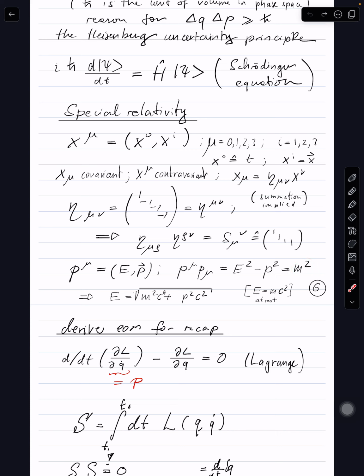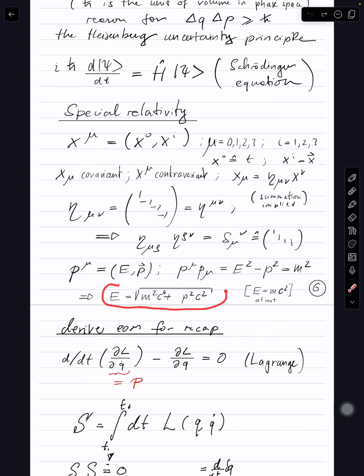We get E squared from the first component, then the negative sign from the metric, and we get p squared. So E squared minus p squared is equal to m squared. Rewriting this in terms of energy, E squared is equal to m squared plus p squared.